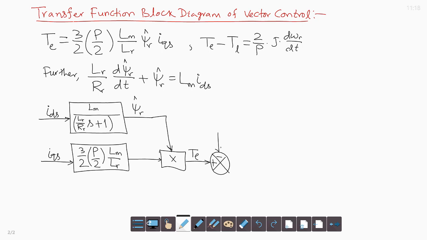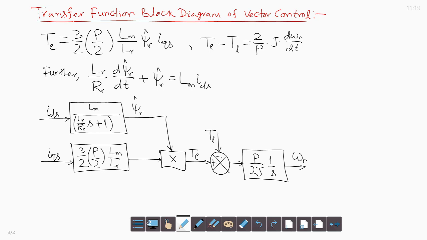So, T e minus T L is the accelerating torque. Multiplied with P by 2 J into 1 by s gives the rotor speed omega r. So, this is the transfer function block diagram, and the transfer function for vector control can be obtained from this.